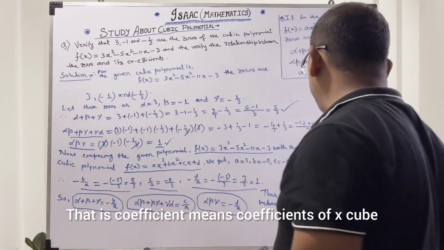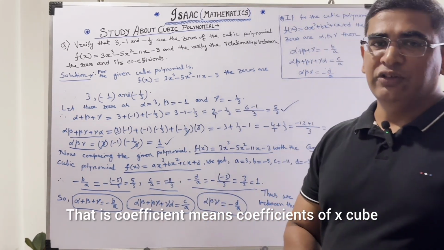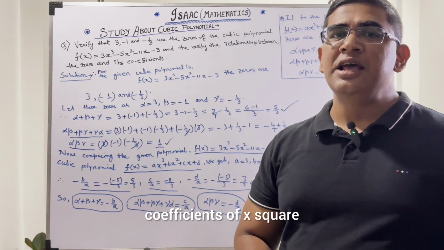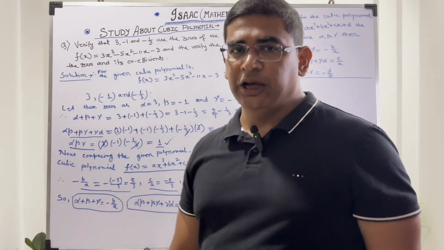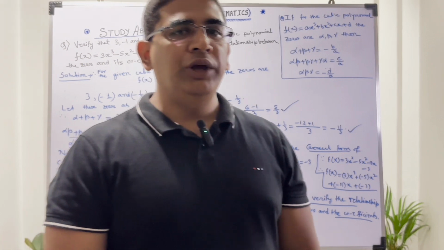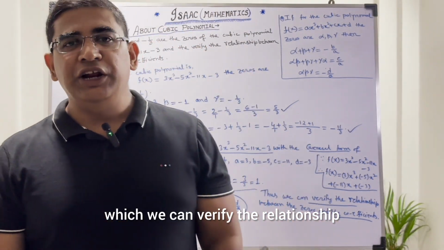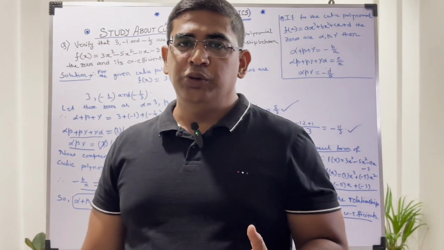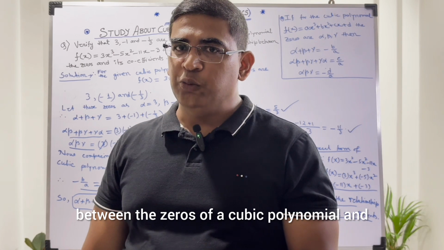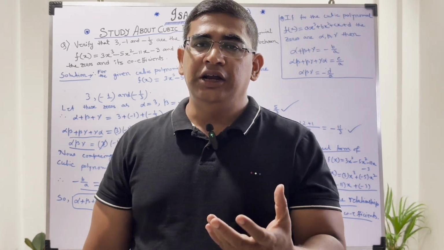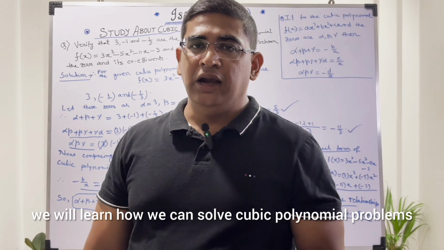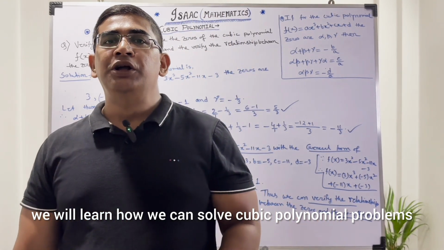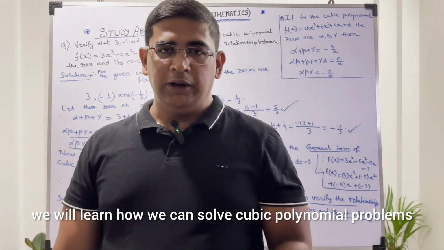That is, coefficients means coefficient of x cube, coefficient of x squared, coefficient of x and the constant term. Okay. So this is the way by which we can verify the relationship between the zeros of a cubic polynomial and its coefficients. Okay. In our next class, we will learn how we can solve cubic polynomial problems. Okay.